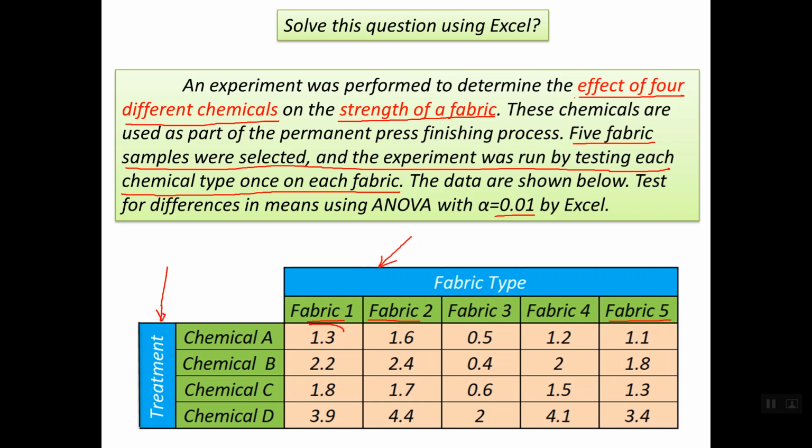For example, this observation or this record here represents the use of chemical A on one experimental unit from fabric 1. So here we have only one observation or one sample from fabric 1.